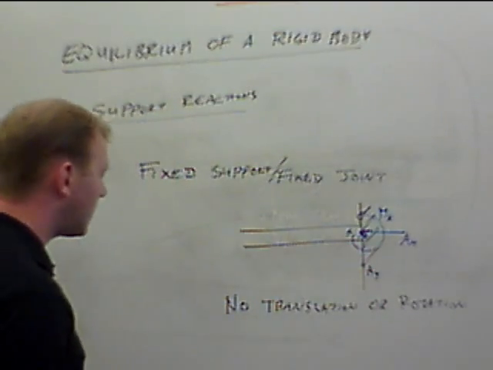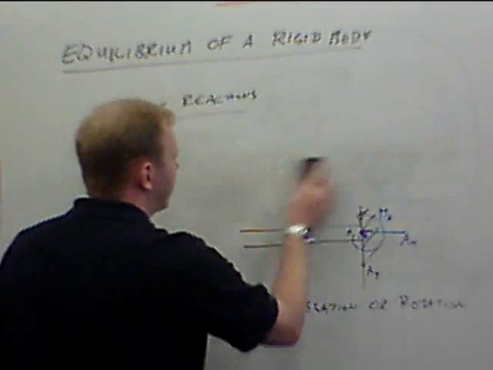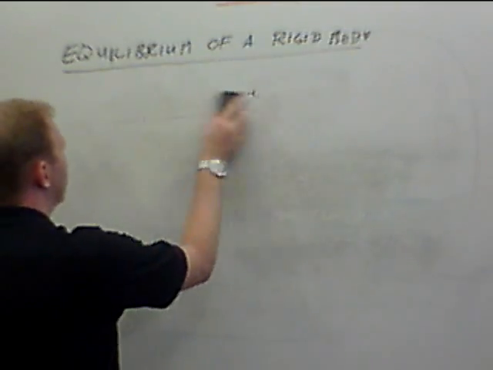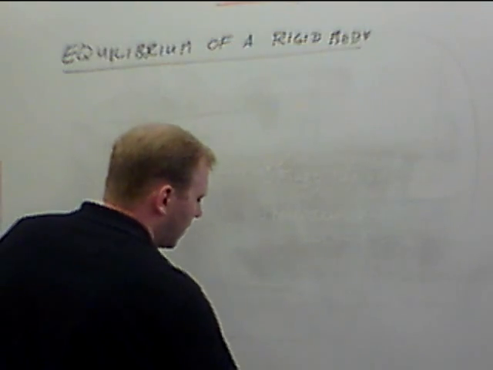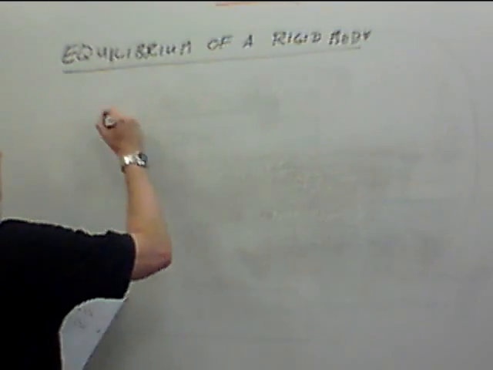There are literally dozens of different types of supports and joints that could be used to support your beam. Those are in a reference table in our textbook.